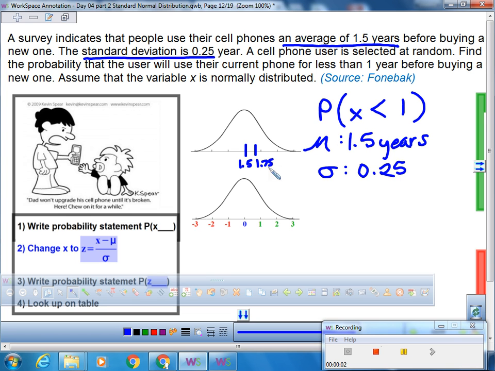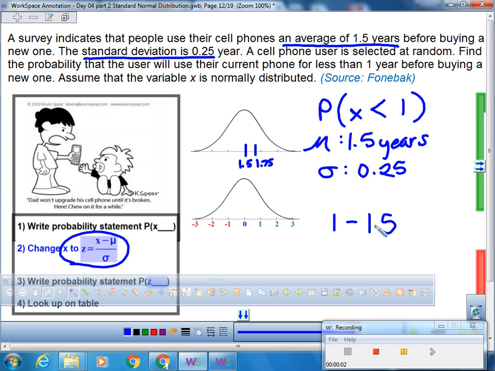What's that process again? Right here, I need to change x to z. I'm trying to find everything less than 1, so I'm going to take 1 and subtract the mean from it.